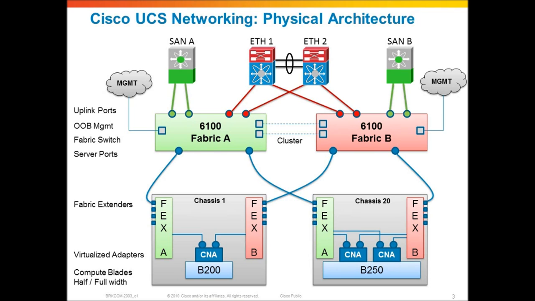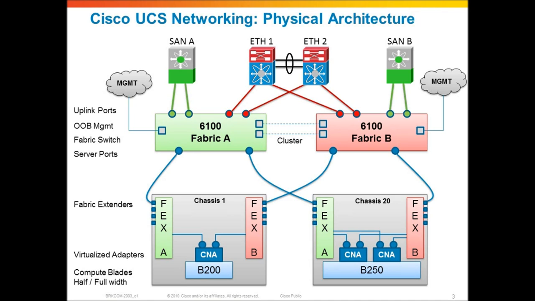Now, we can have up to 20 chassis today connected into a single UCS system. And in each chassis, you can have half-width blades or full-width blades. And each blade can have an adapter on it, or multiple adapters if it's a full-width blade.